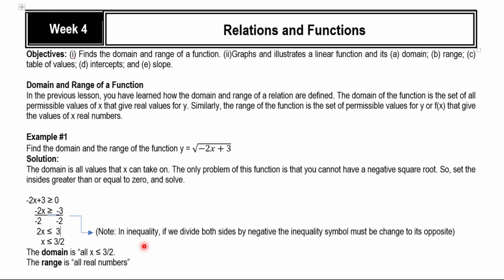Because if we substitute the values of x, the set of all values of x less than or equal to 3/2, the result is positive, right? So, we can extract the square root of all positive numbers. And since we extract by a square root, the result is always positive and negative. So, meaning, all numbers are possible. That is why the range is all real numbers.